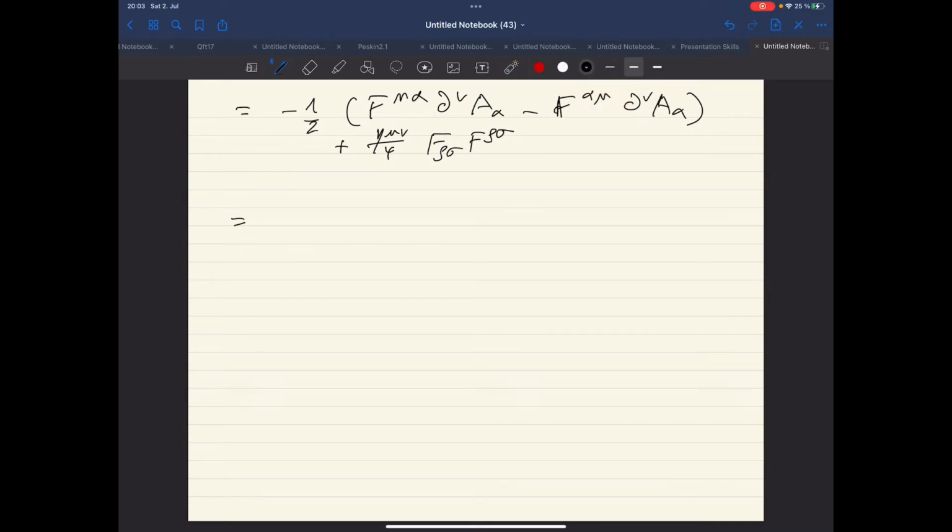So in the end, I will get minus F^{μα} ∂^ν A_α plus η^{μν} over 4 F_{ρσ} F^{ρσ}. And that's our end result for the electromagnetic energy stress tensor. And the weird thing we notice here is that this is not symmetric.